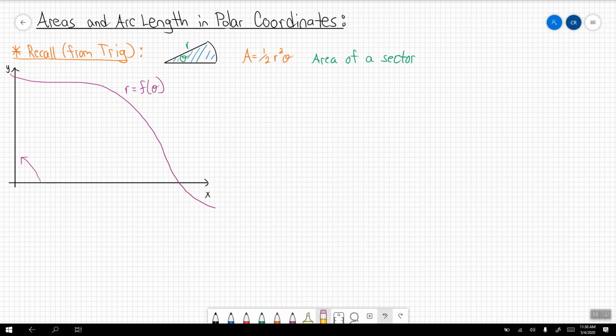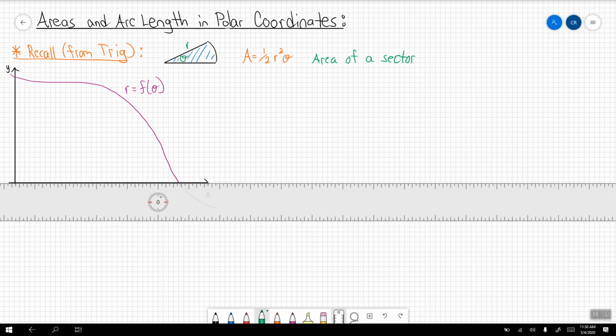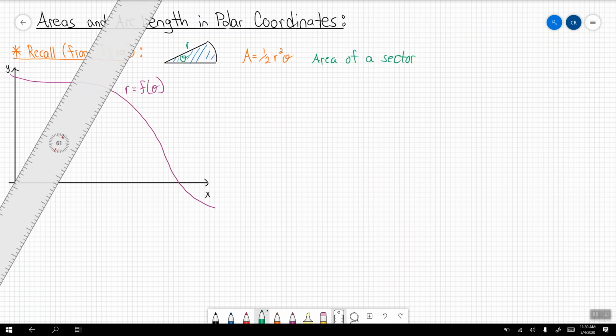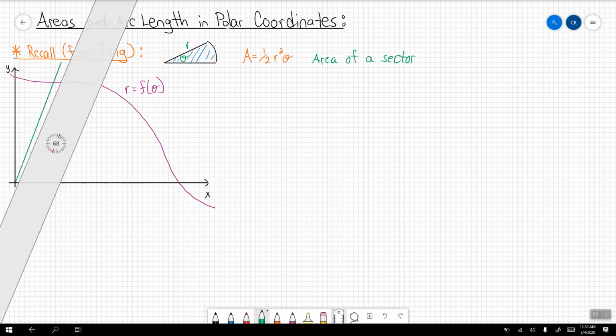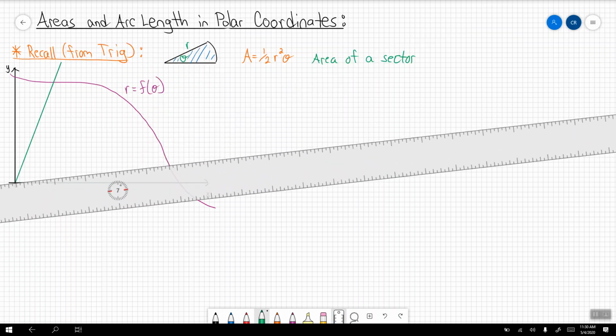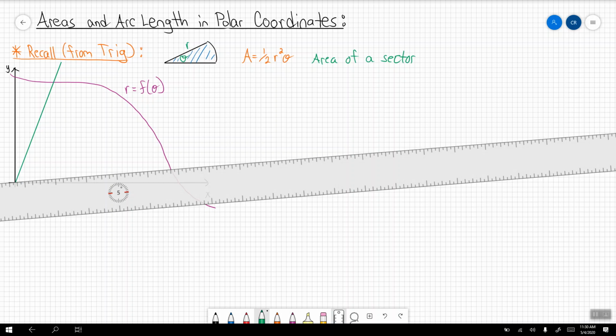Now, once we have this, we want to find a certain area. So I'm going to create two different bounds here. I'm going to create one of these bounds to be one of my angle measurements, and then I'm going to create another bound to be another one of my angle measurements.